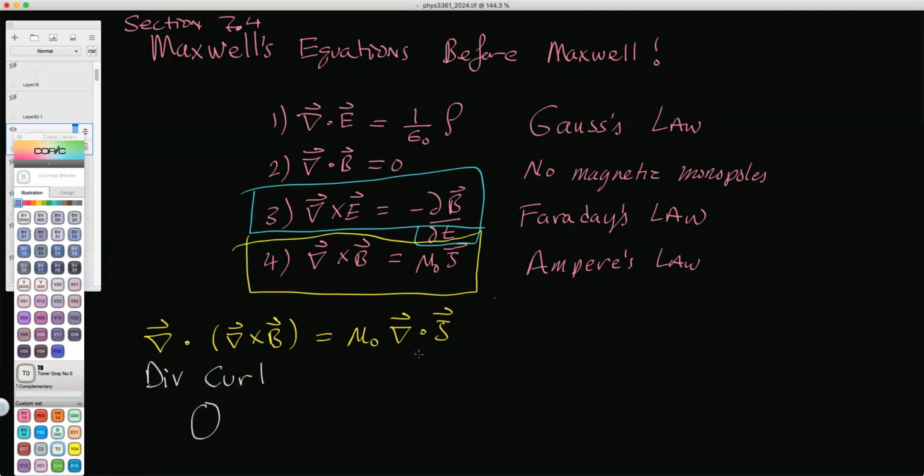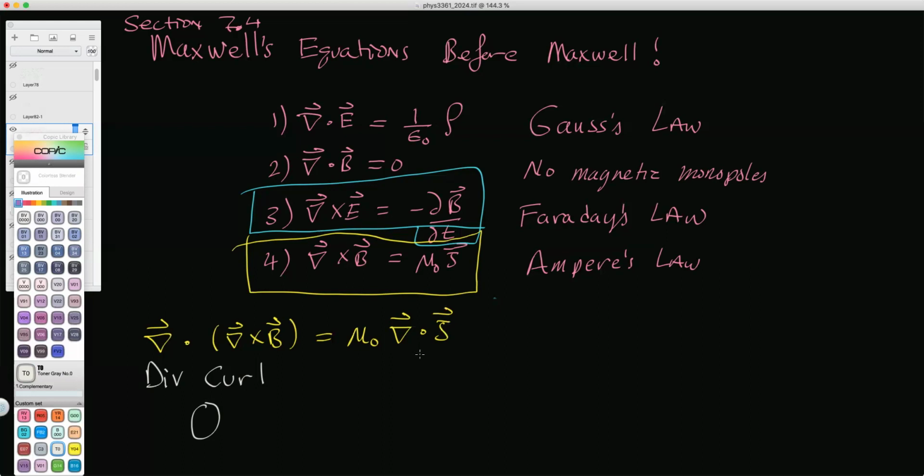But over here, we have a little problem. Now, it is true, we've said it before, that del dot J is 0 for steady currents. But it's not in general true. If you have a current that's not steady, and there are lots of situations in which a current isn't steady, right? When you're ramping up a current in a circuit, it's not steady.